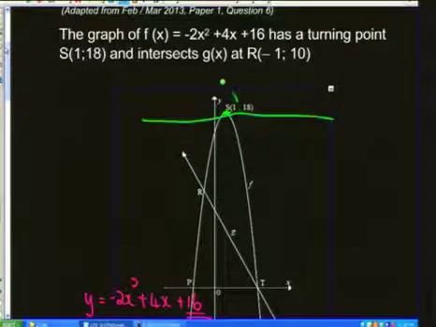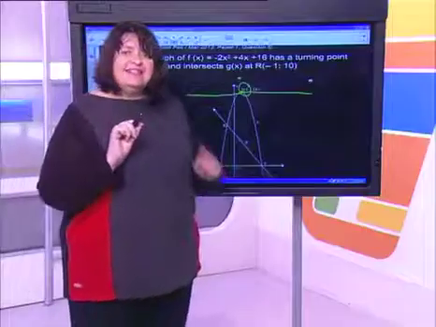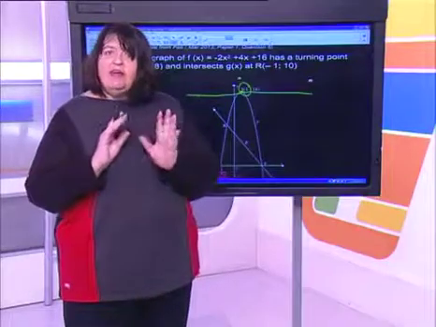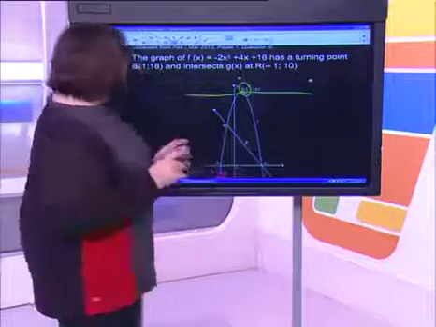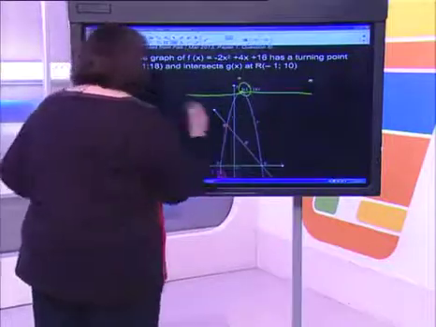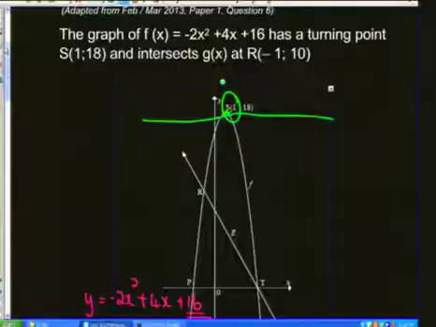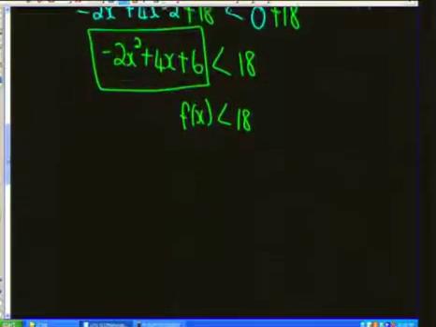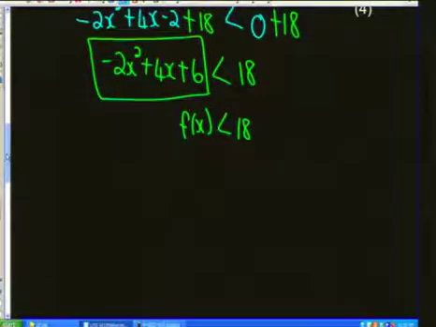Well, it's less than 18 except at 1. Because at 1 it is exactly 18. And they asked me only less than 18. So now I've got to try and express that. So it's always except for 1. Now there's several ways we can write this. The one way is to say x is an element of reals.